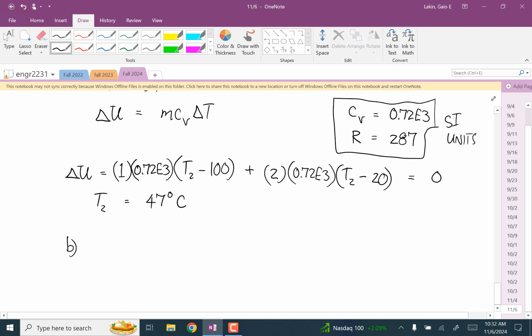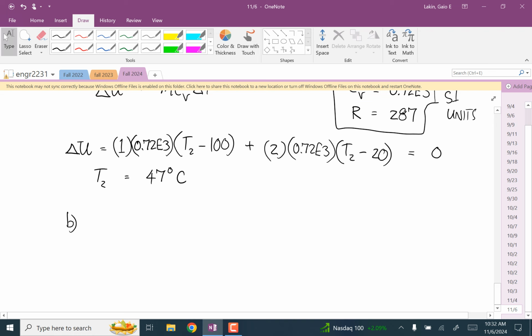So first, let's calculate it for the temperatures that start different and come to equilibrium, or come to the same temperature.